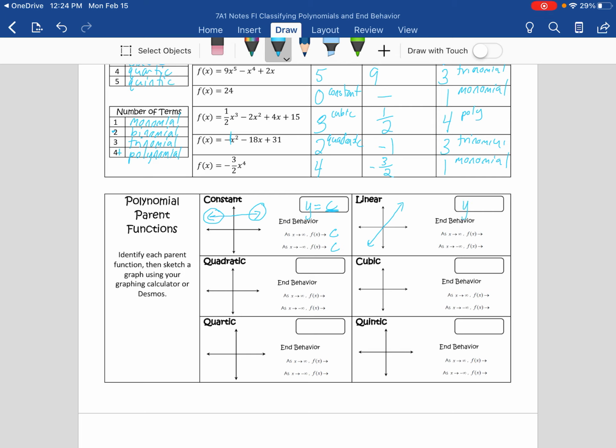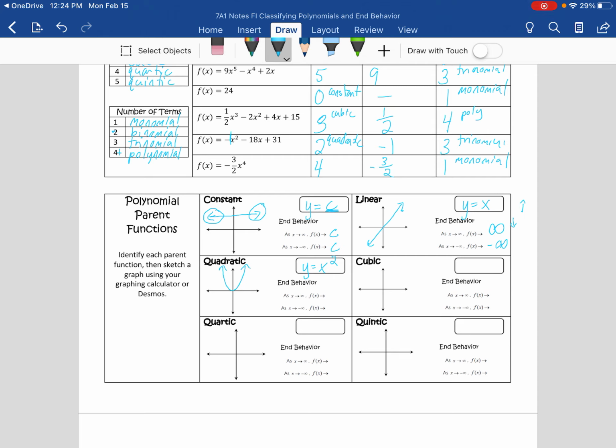For my linear function, y equals x is the parent linear function. As x goes to positive infinity, y is going up, so y is going to positive infinity. So part of it's going up and part of it's going down. Okay, and so that's going to be positive infinity and negative infinity.